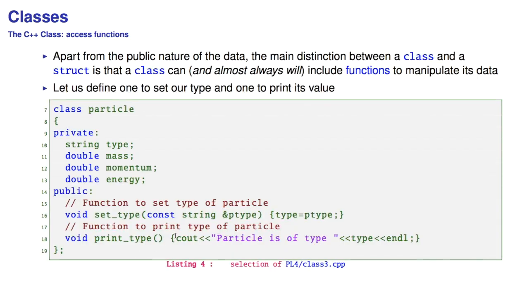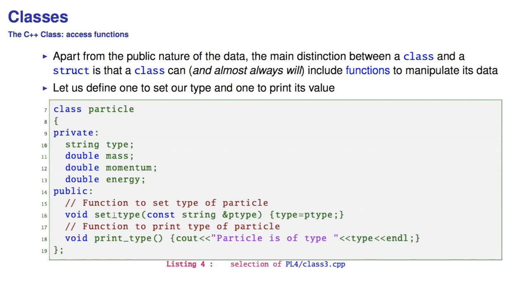So, apart from the public nature of the data, the main distinction between a class and a struct is that the class can, and almost always will, include functions to manipulate its data. So, let us define one to set our type, and one to print its value. So this is the first stage. This is based on the class where everything is private, but we've got a set of public functions.